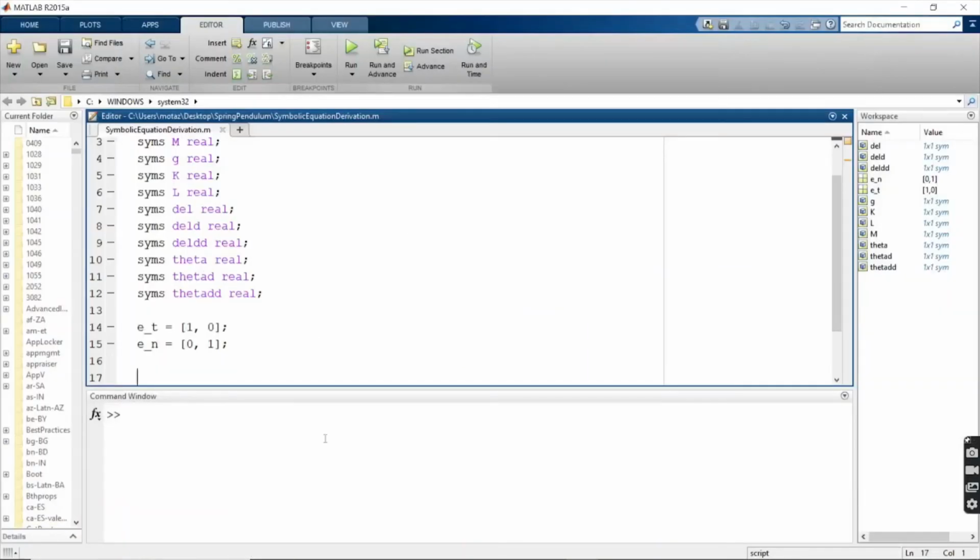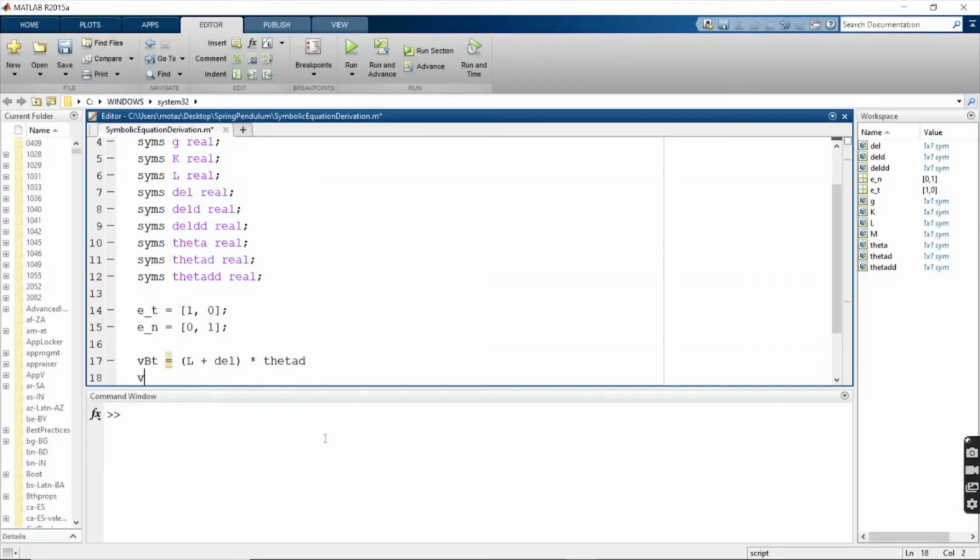Okay, now let's express what we just defined for the velocity in Matlab here. So velocity of the pendulum in the tangential direction is, we said, L plus del times theta dot.